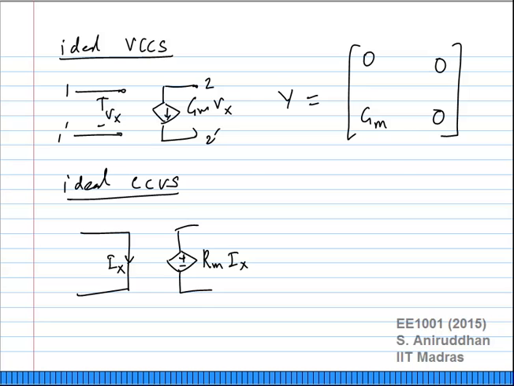You cannot short circuit the second port, and you cannot apply a voltage at the first port.